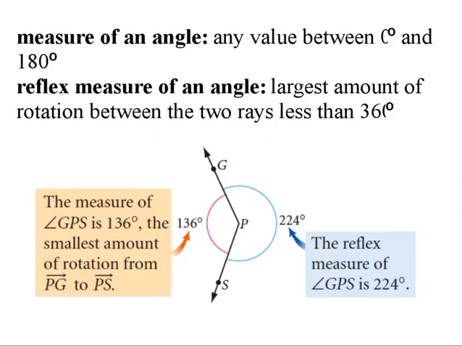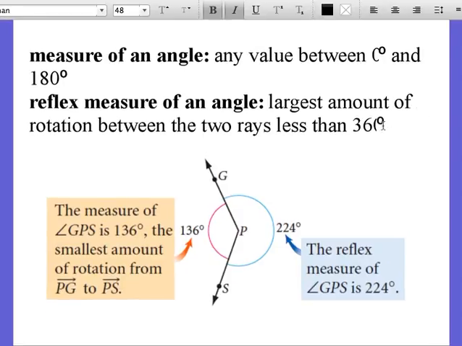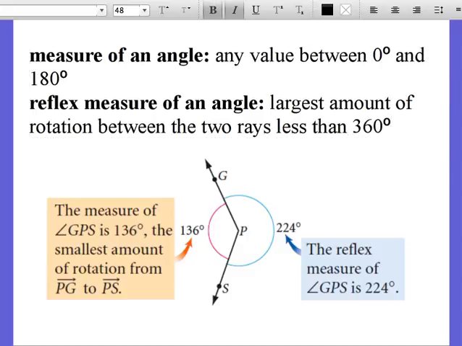Here we go, the measure of an angle. So this is where your protractors are going to come into play. The measure of an angle is any value between 0 and 180 degrees. So the measure of any angle is a value between 0 degrees and 180 degrees.